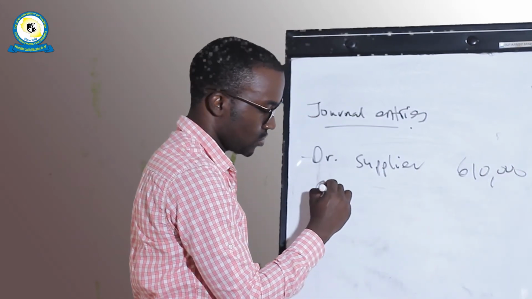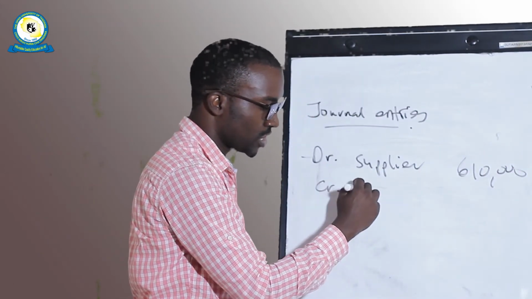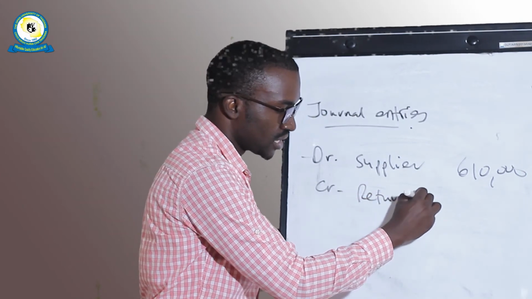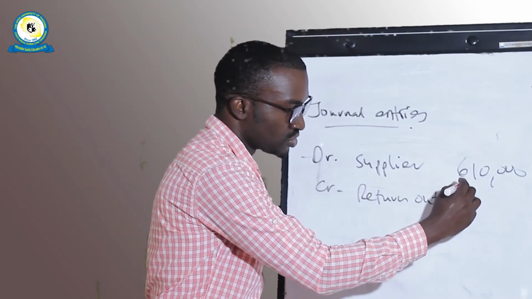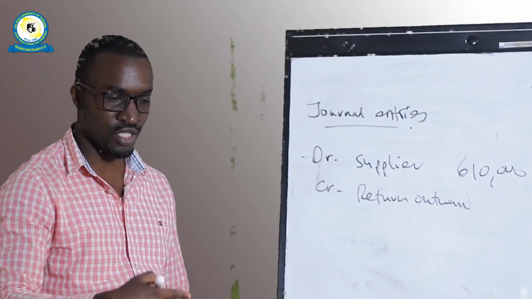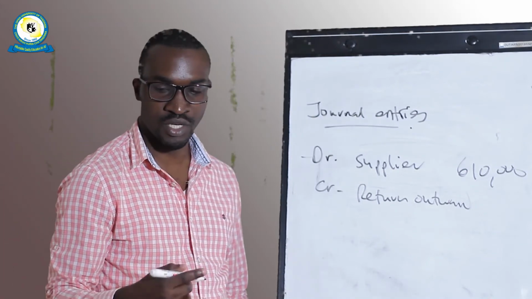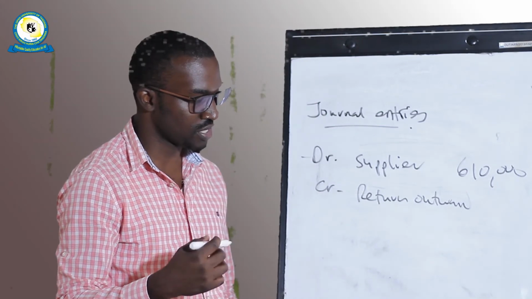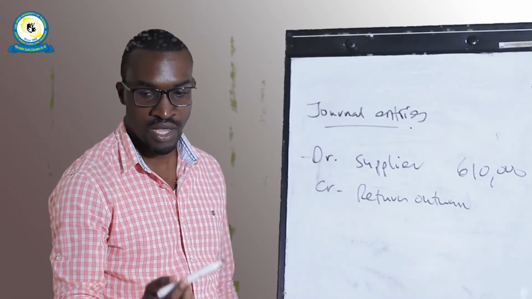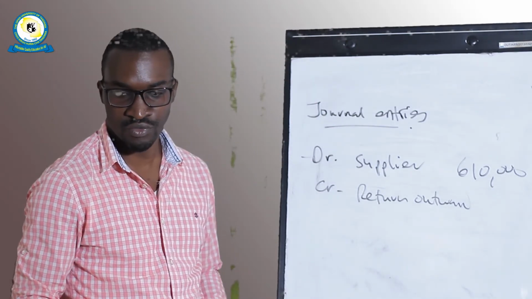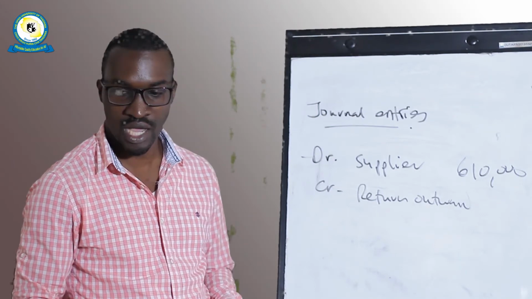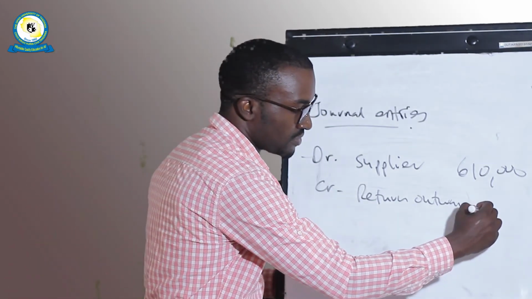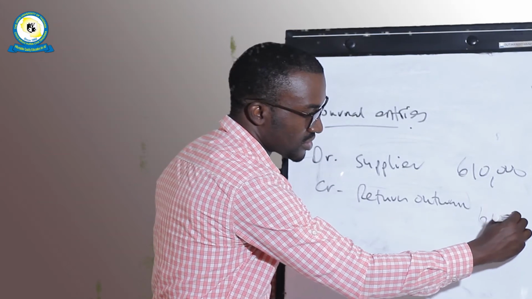Then we are going to credit return outward, because when these goods were brought in, that was debited. If we are returning them out, then we have to credit the return outward account with the same figure of 610.